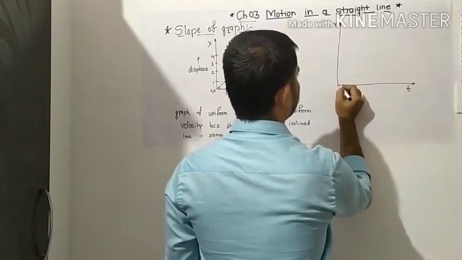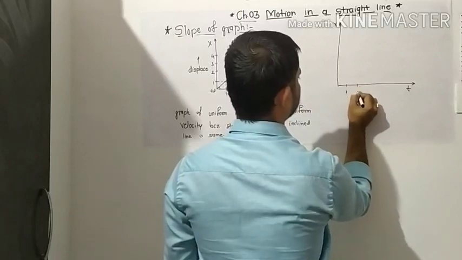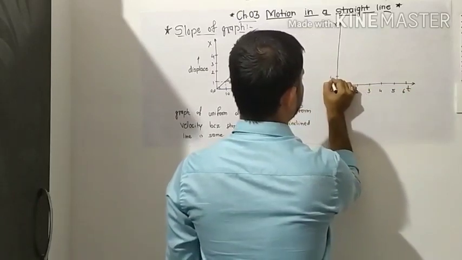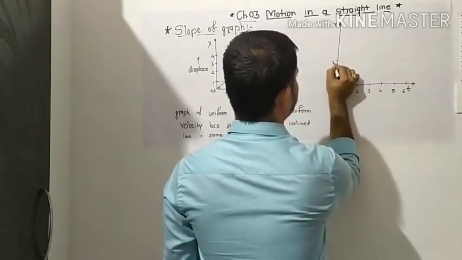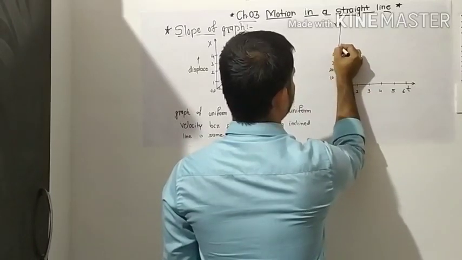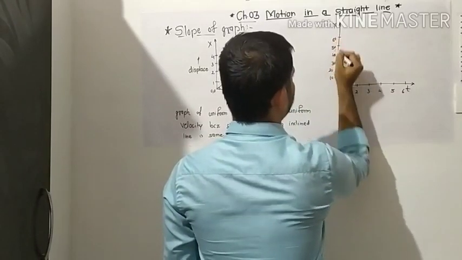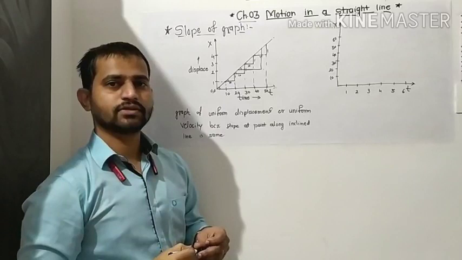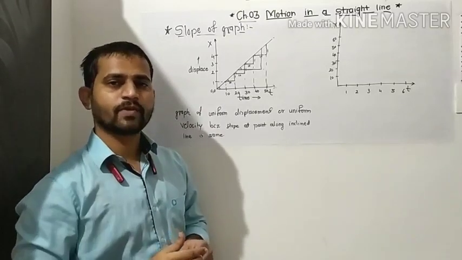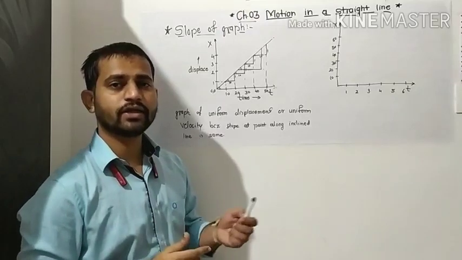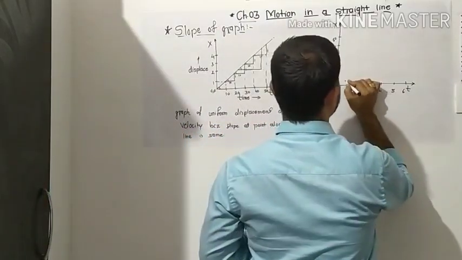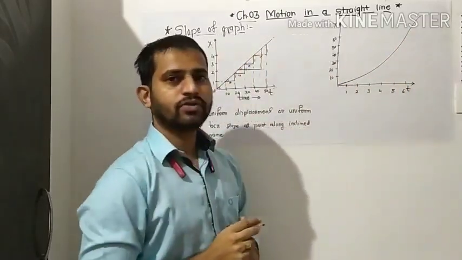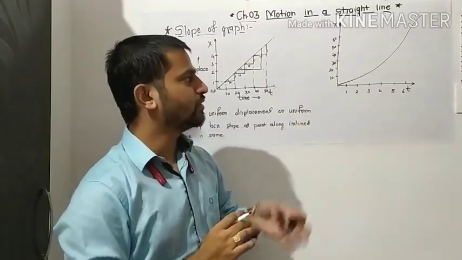If we draw 1, 2, 3, 4, 5, 6 and 10, 20, 30, 40, 50, 60, and join all the respective coordinates along this graph, reading with respect to reading, then we get a graph like this. Suppose from this point the graph will be like this.